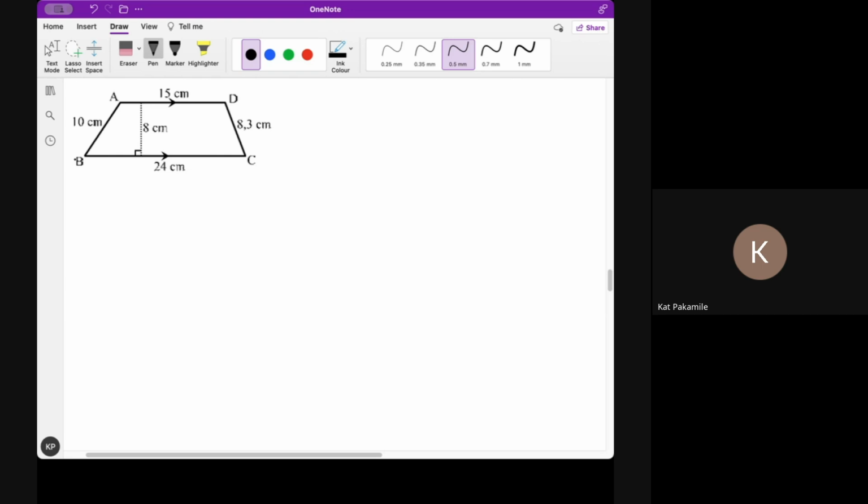Now, does anyone remember in the chart? Let's see who remembers the formula for area of a trapezium before I write it down. There's a bunch of measurements that they have given us there.